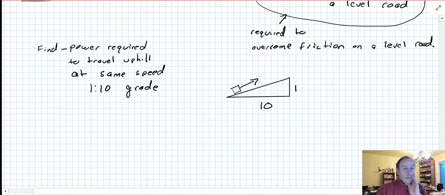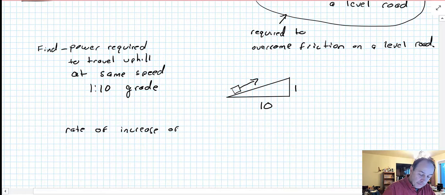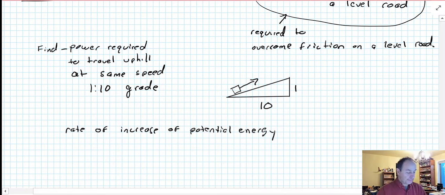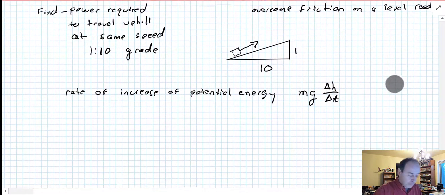Okay, now, assuming the friction, air friction, ground friction, all that friction in the mechanics of the car, is the same, the only difference here is the car is now gaining potential energy because it's going higher. Right, so let's establish a rate of increase of potential energy. Instead of just mgh, that's going to be mg delta h over delta t, because m and g are constant. What's changing is its height, and that's what's changing the potential energy.